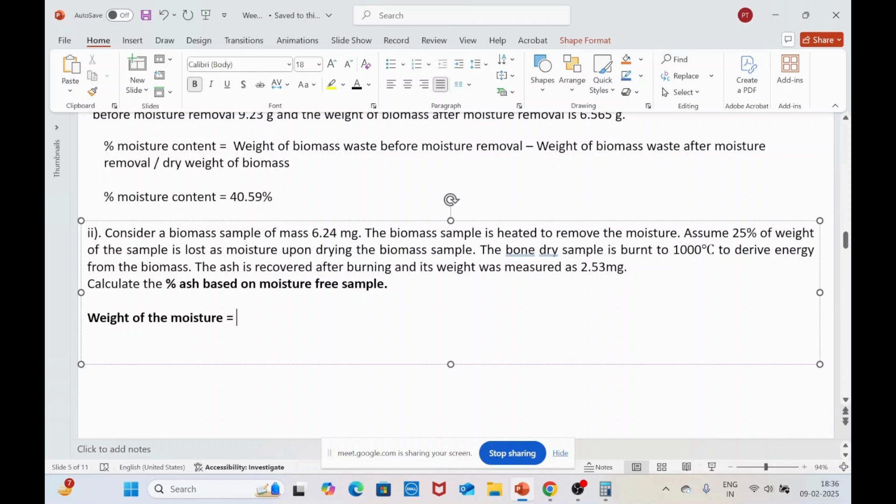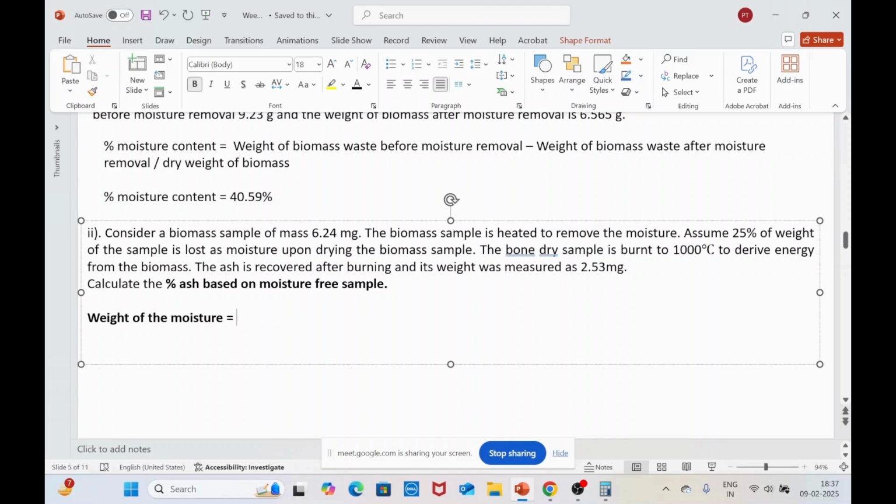Weight of the moisture: they are saying take the weight of the moisture as 25 percentage. So 25 percentage of the weight of the sample is lost as moisture. The weight of the biomass sample we know is 6.24. Out of this 6.24, 25 percentage is moisture content.